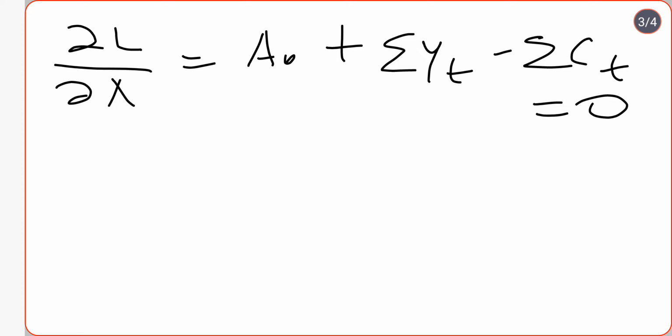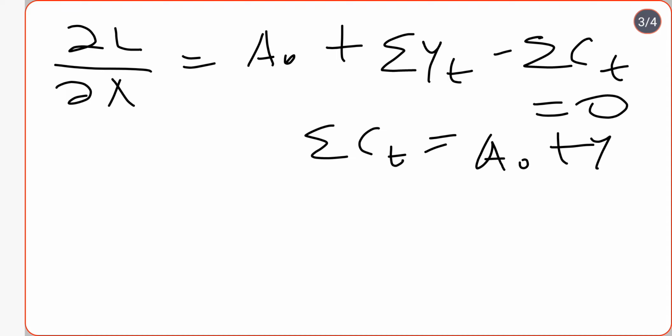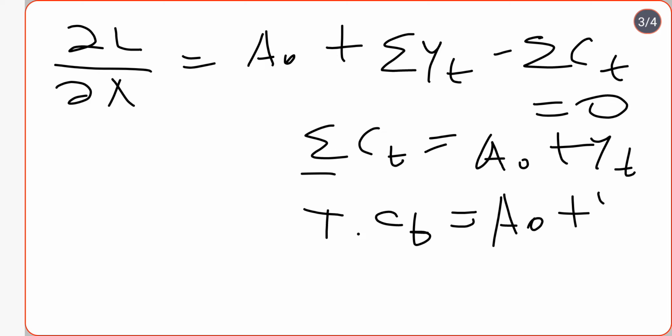So by this we can say that summation ct is equal to a0 plus yt. We can easily say this. Now if we want to remove this summation from this equation, then we can easily multiply this ct with capital T. Then the summation can be moved on and we will get a0 plus yt.